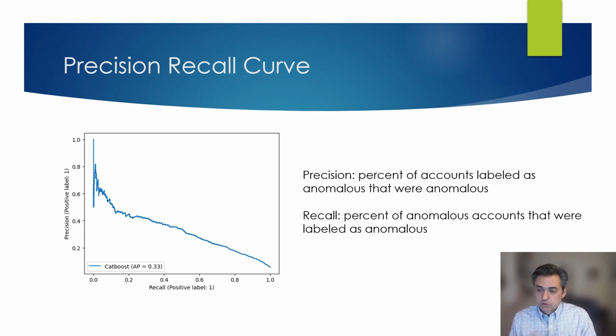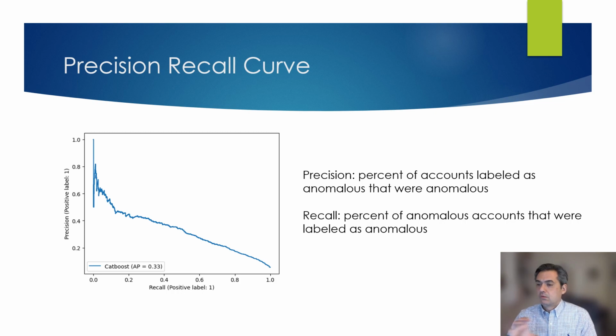Then you look at the corresponding point on the y-axis, which is about 30%, and that means that the model was about 30% accurate at that point for that level of sensitivity. Obviously, as you go further to the left, the model is more accurate, but it's choosing less and less of the actual anomalous accounts.